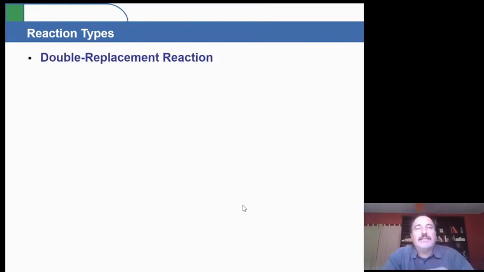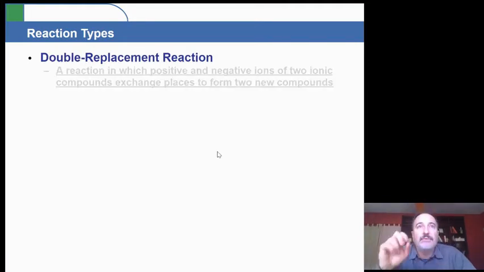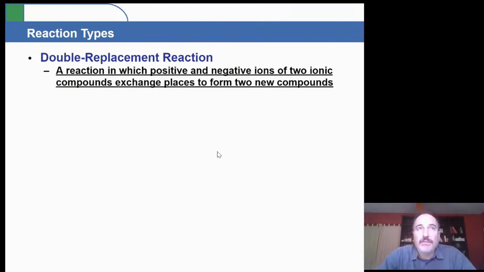Now, the next type is called a double replacement reaction. A double replacement reaction is like a single replacement, but instead of having a singleton element and a compound, here we have two compounds. It's a reaction in which the compounds swap partners, where the positive and negative ions of two separate ionic compounds exchange places to form two new compounds.